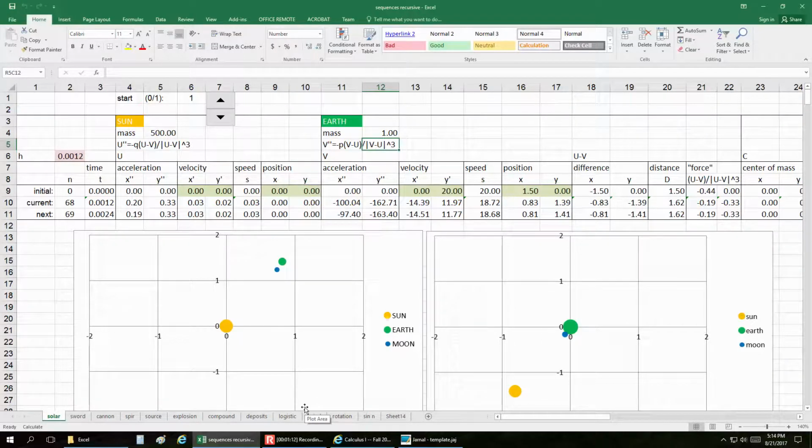Okay, so there is a rotation of the Earth around the sun. That's visible as the motion of the green dot. And in the meantime, the blue dot is rotating around the green dot.